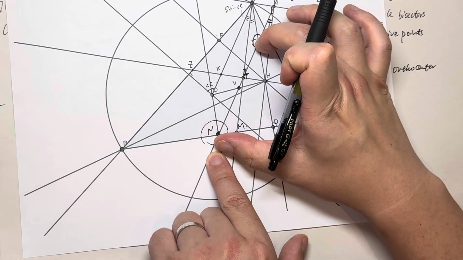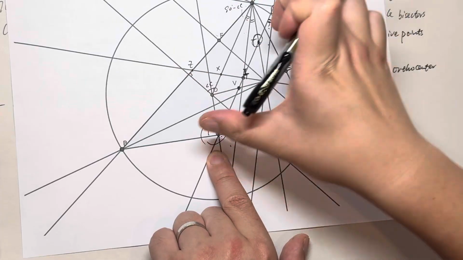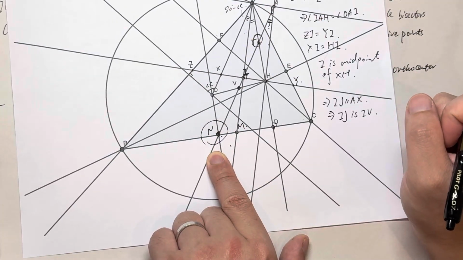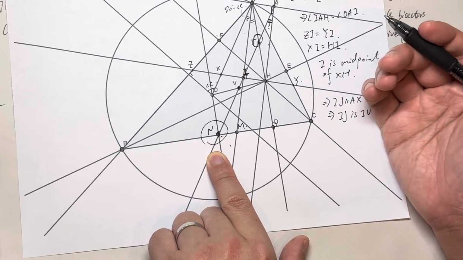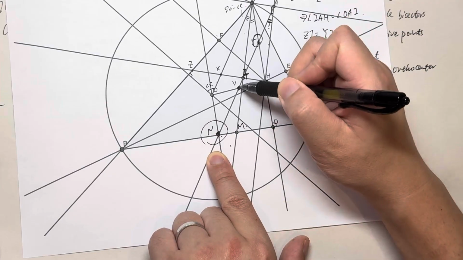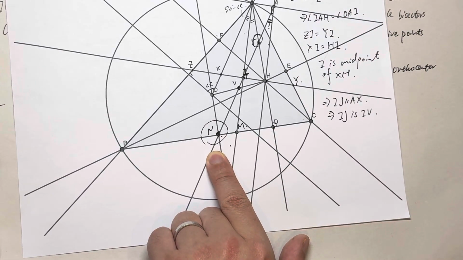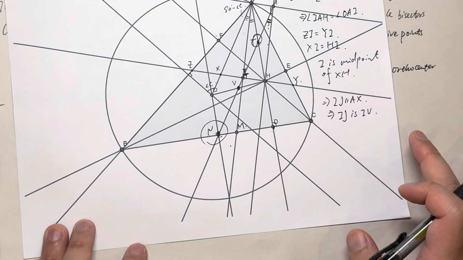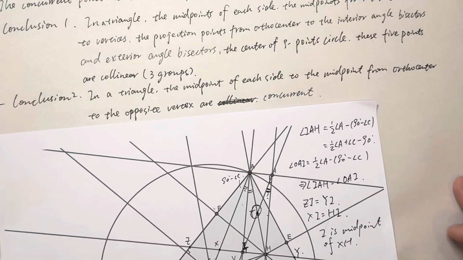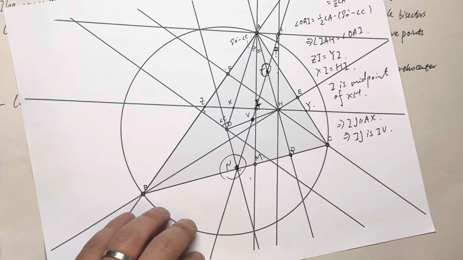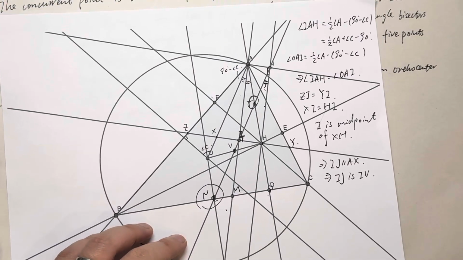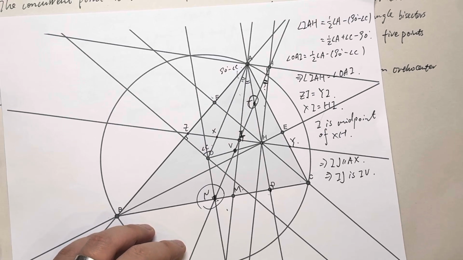And we have 3 such lines from 3 sides. These 3 lines are concurrent. That is obvious because they are passing through the point V, the center of the 9-point circle. Okay, so this is a property, basically just to demonstrate some collinear and concurrent lines.